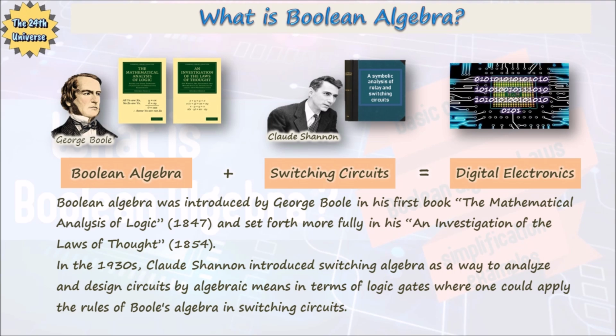In the 1930s, Claude Shannon introduced switching algebra as a way to analyze and design circuits by algebraic means in terms of logic gates, where one could apply the rules of Boole's algebra in switching circuits. Boolean algebra was invented after the binary numbers were discovered. To know the history of Boolean algebra, you can watch my earlier video, that is the history of binary code, and the link is given in the description.